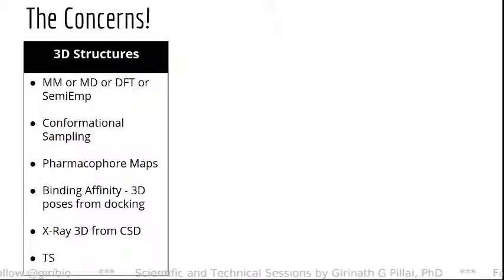Then if it is related to binding affinity or biological activity, we talk about 3D poses from docking. For a single structure you have to take multiple poses, analyze and understand, not just with the docking score but considering other parameters, and then choose a pose and calculate the descriptors.